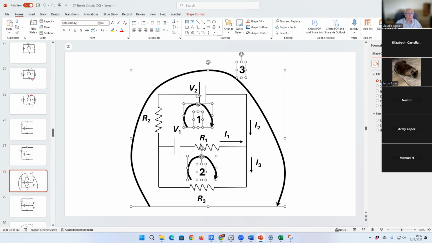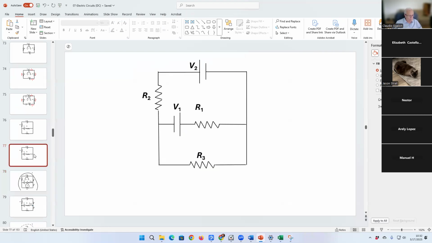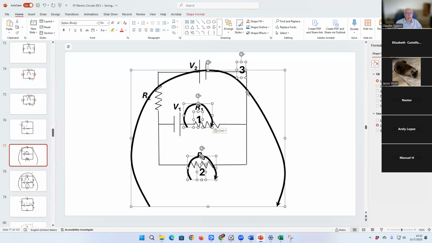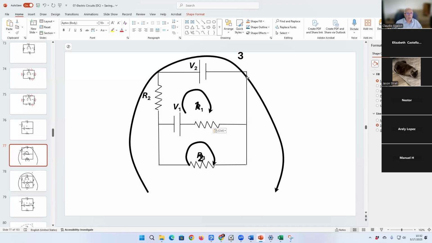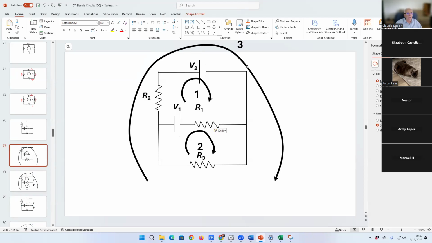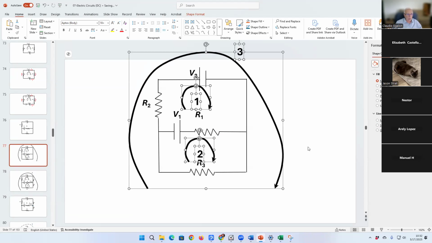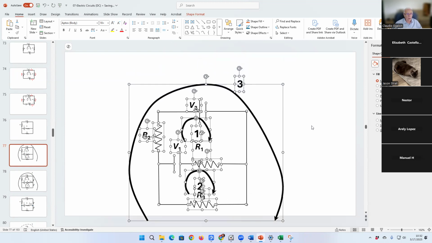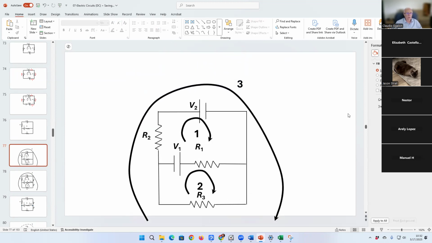It's better. Identify the loops, and then we can write it down here.